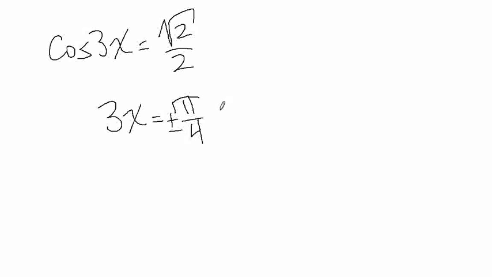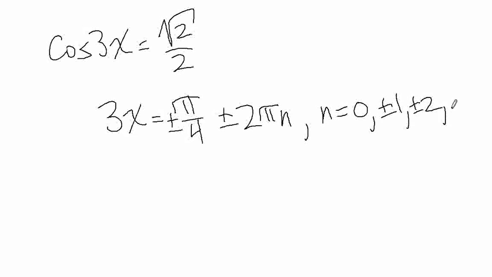So the solution set that includes all the possible solutions is plus or minus pi over 4 plus or minus 2 pi n, where n is some integer. Okay? Now, however, we're not done yet. That is what 3x is equal to, but our goal was to find what x is equal to. So let's divide both sides of the equation by 3.